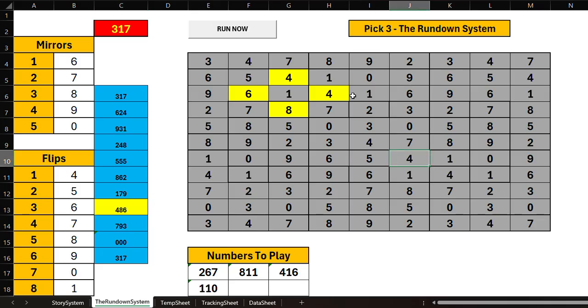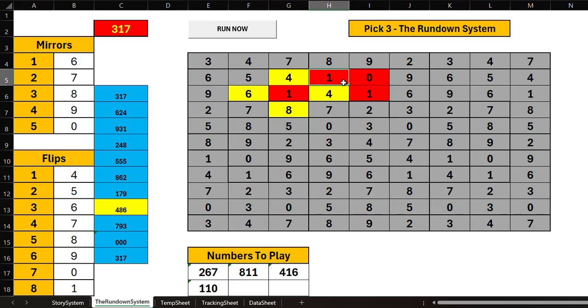So 486 attached to this is going to probably be our next number, right? So it's going to be 110. See, it's always going to be attached to this 486 because that's your number here from the 317 chart. It even pulls it around here.